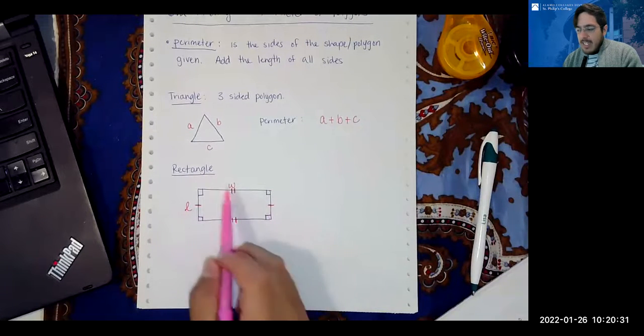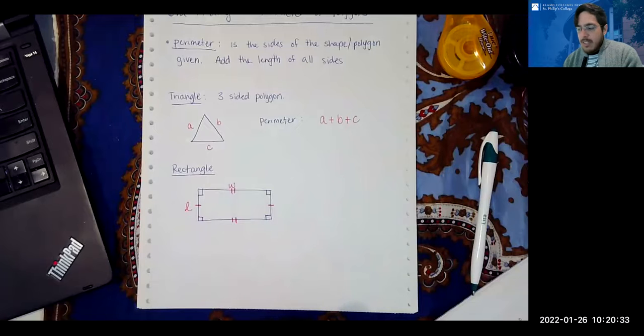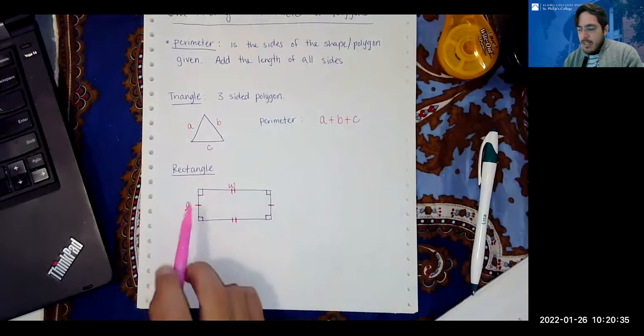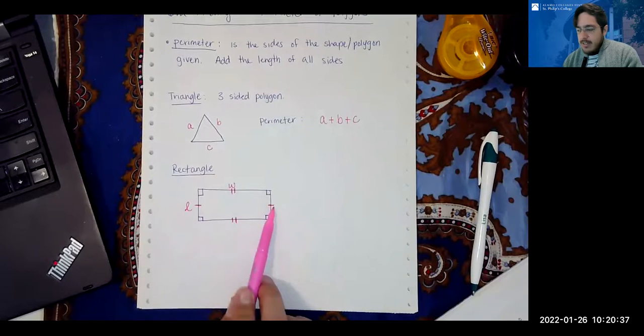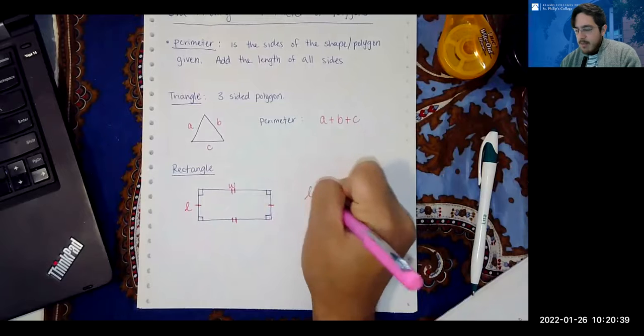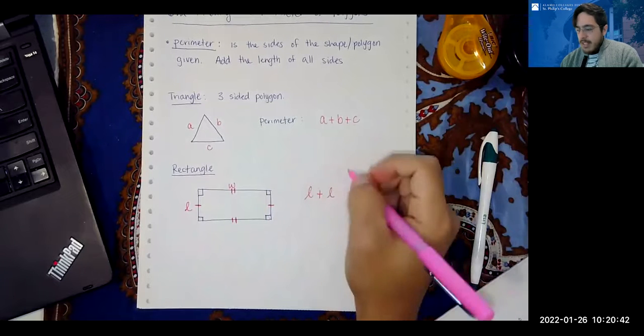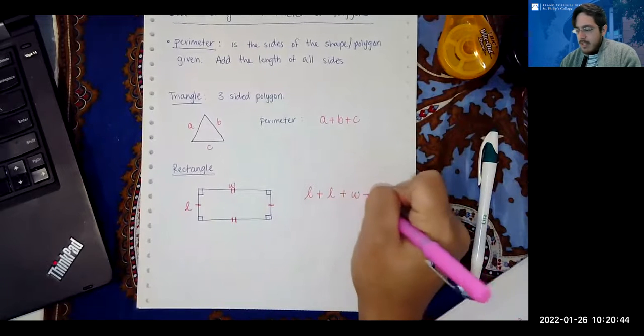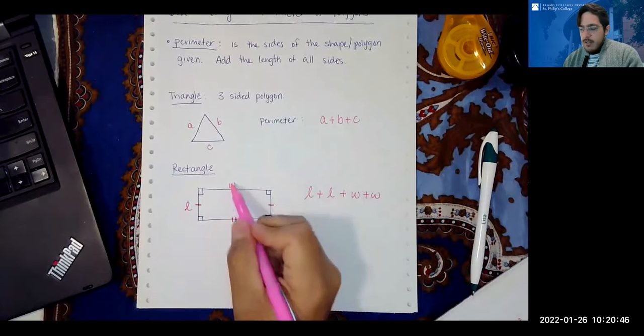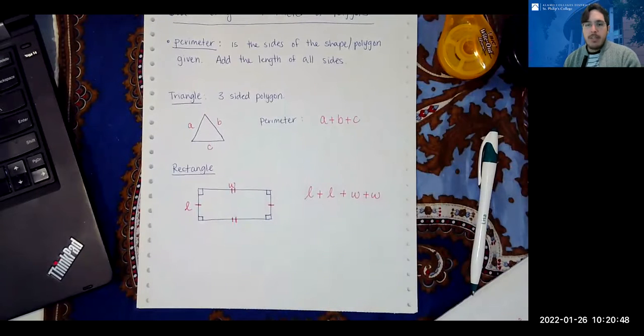So we don't have to label all 4 sides. We need to add up the L and the L, and then add the W and the W, because there are 2 of those sides, and that will give us the perimeter.